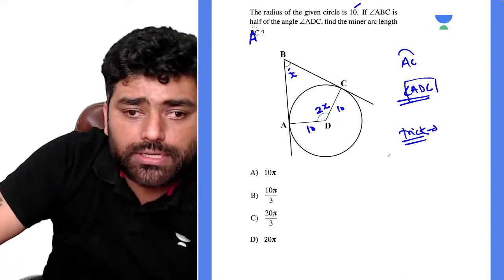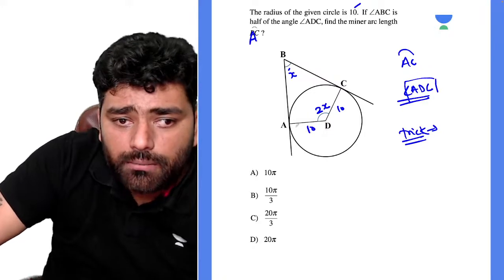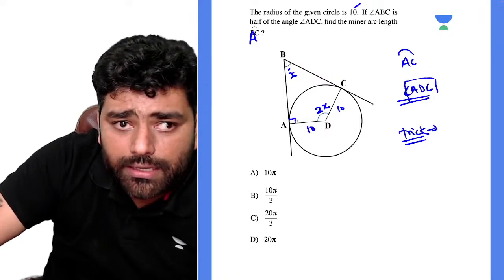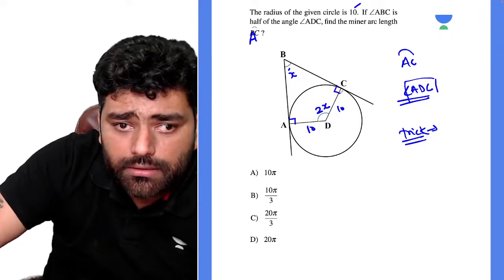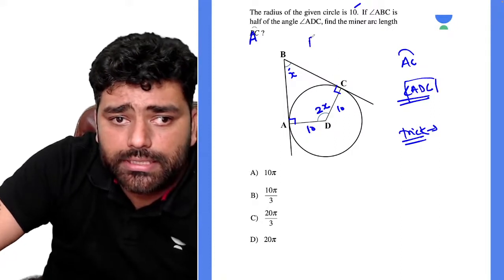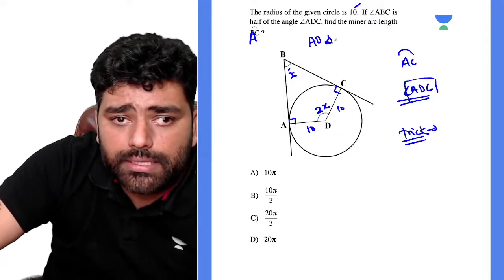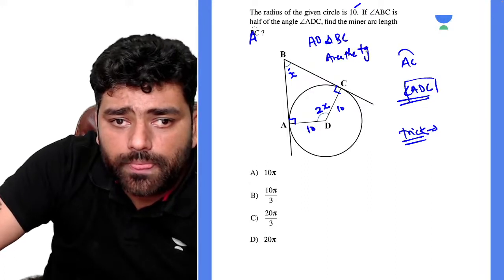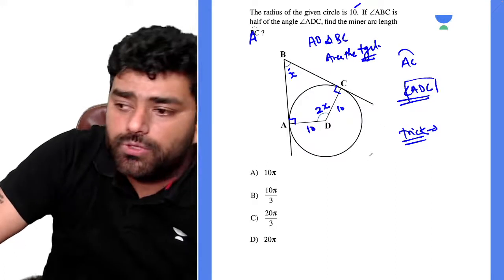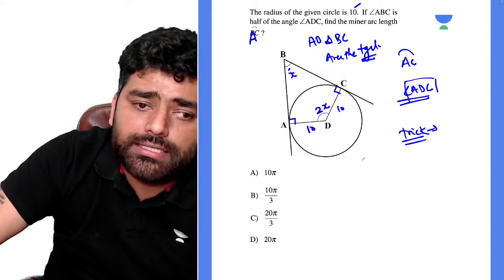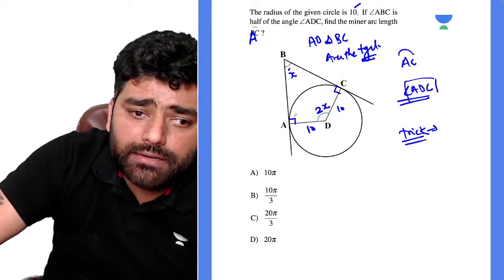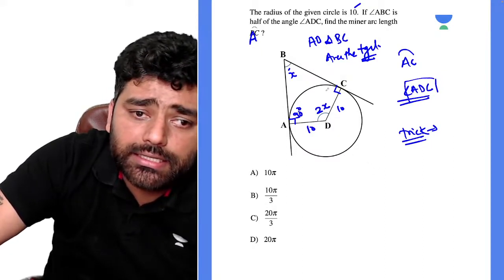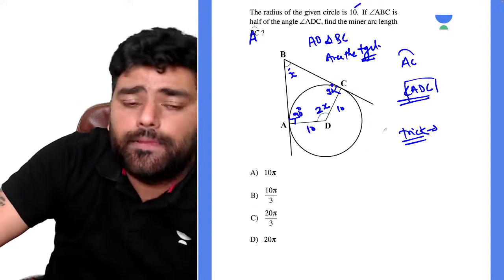So for this question, actually the trick is what? We know these two lines are tangents. This should be written as AB and BC are tangents. Correct, guys? So if these two lines are tangent to the circle, definitely we know this is 90 degrees and this is 90 degrees, right?